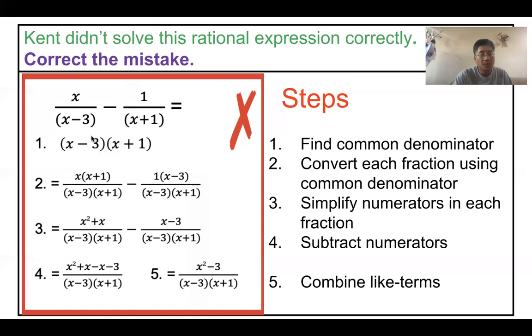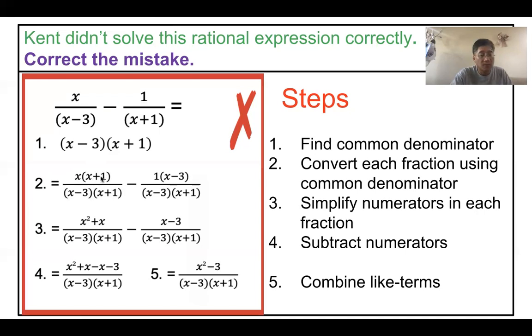Originally, this fraction had only x minus 3, but you multiplied the denominator by x plus 1. Then you should do the same thing to the numerator, right? Then you don't change the value. You multiply the same thing to the numerator and denominator, so it is equivalent.